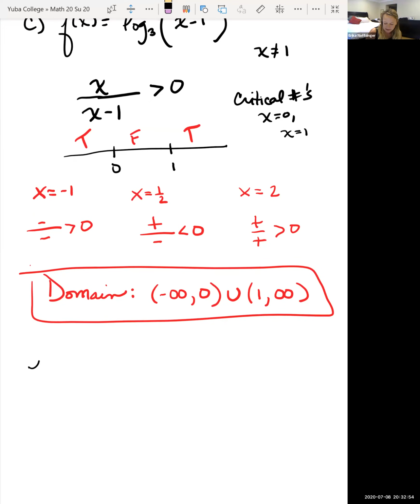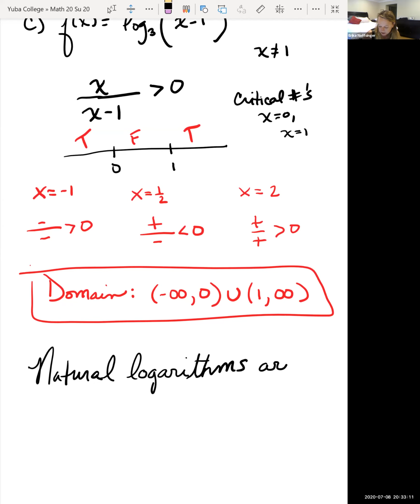Natural logarithms are base e, and it's written ln of x.